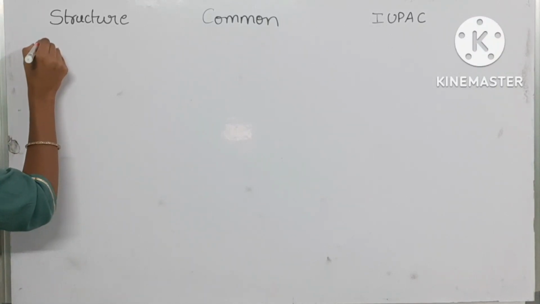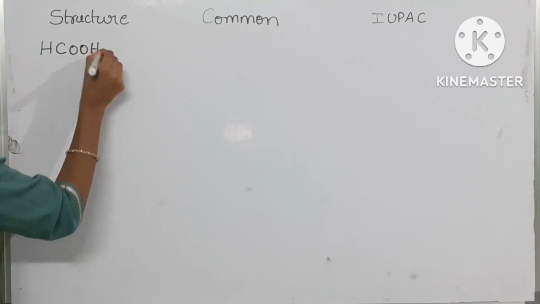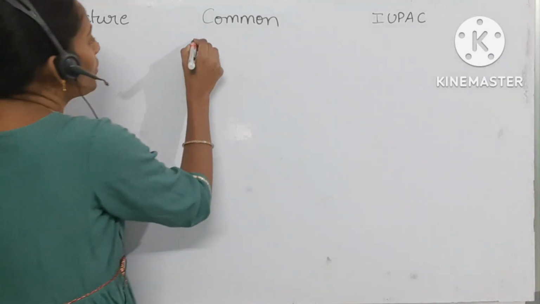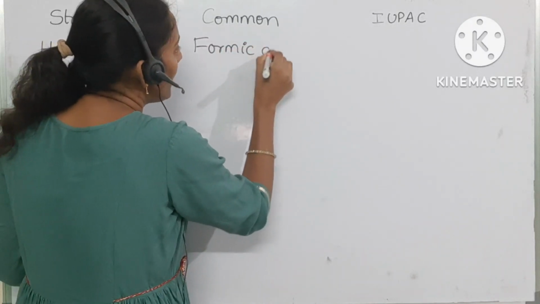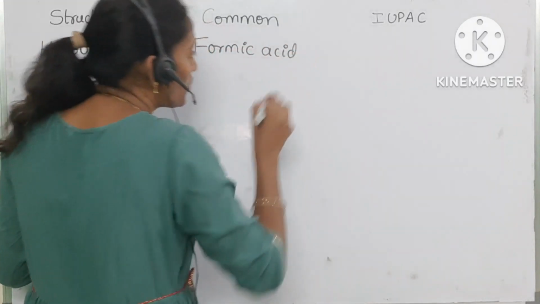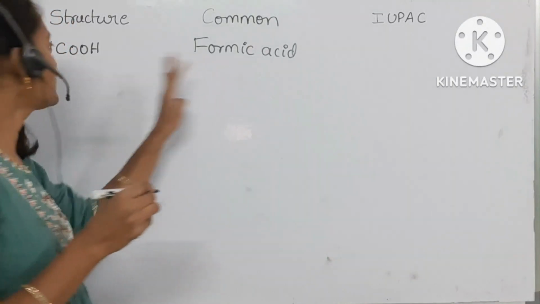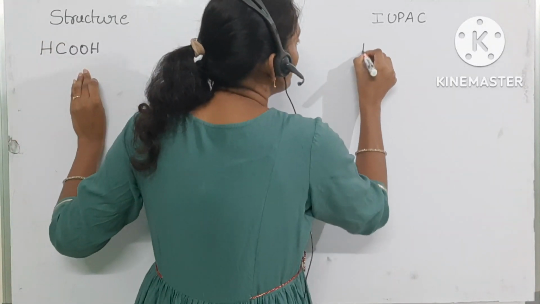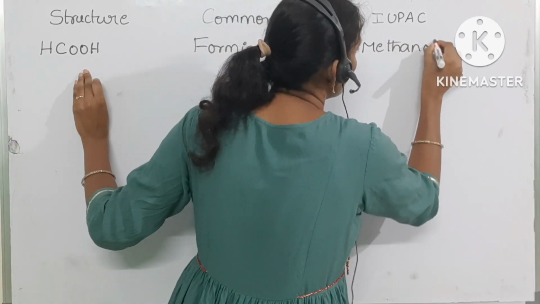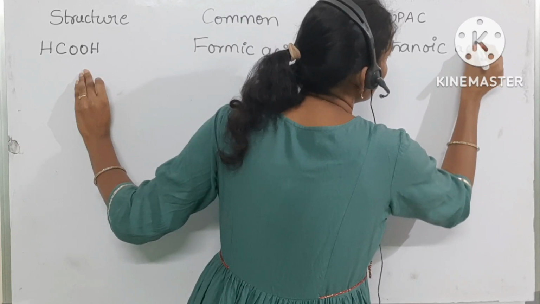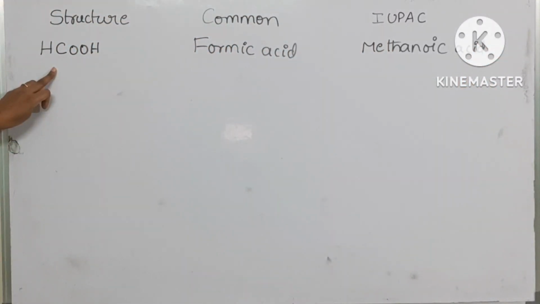First of all, the simplest carboxylic acid is HCOOH, this is formic acid. Formic acid is the simplest carboxylic acid. It is the common name for HCOOH and its IUPAC name is methanoic acid, because one carbon is there in formic acid.